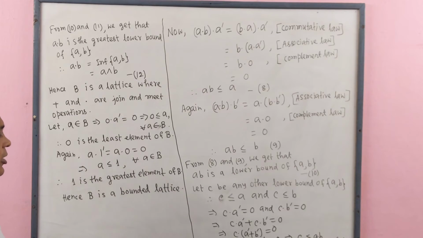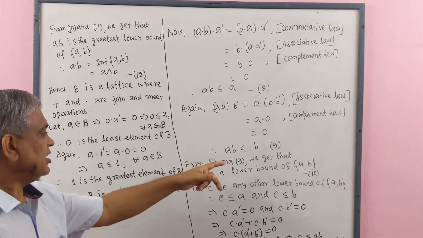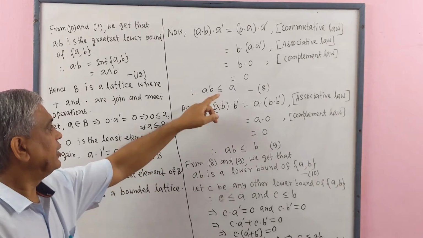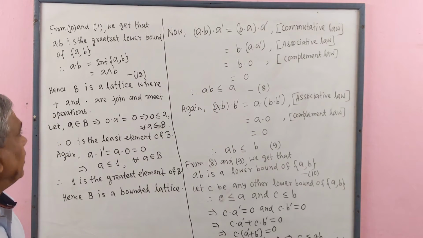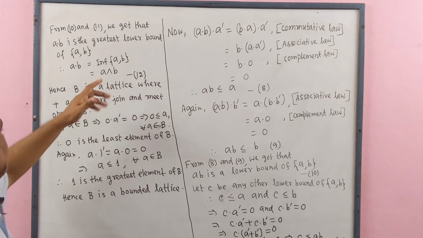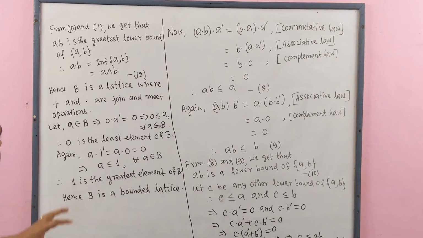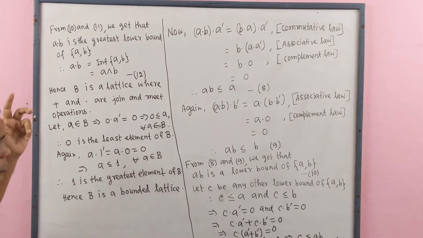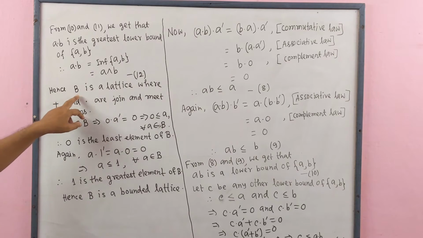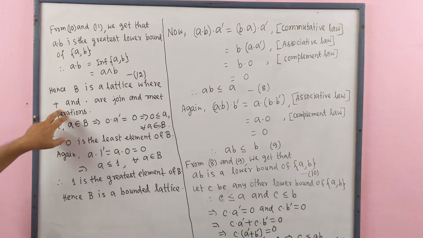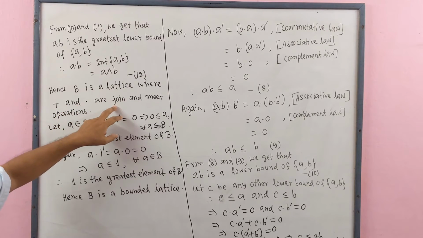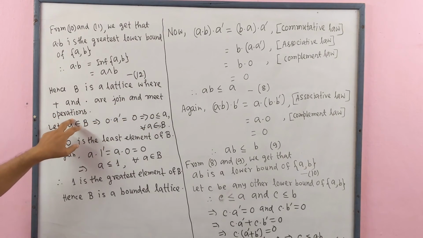Since we have already seen that this relation is a partial order relation on B, and also we get infimum and supremum between any two elements in B. Therefore, B is a lattice where plus and dot are join and meet operations.